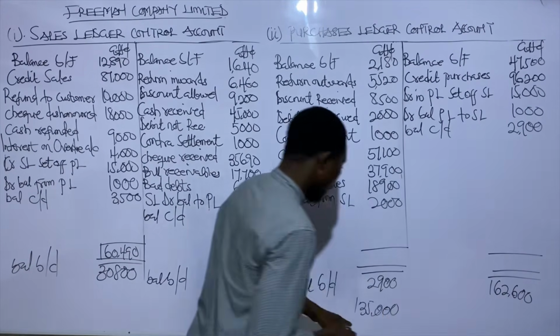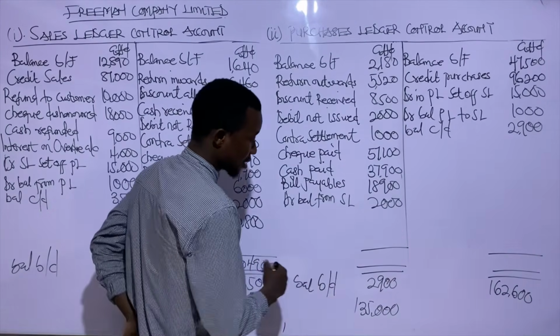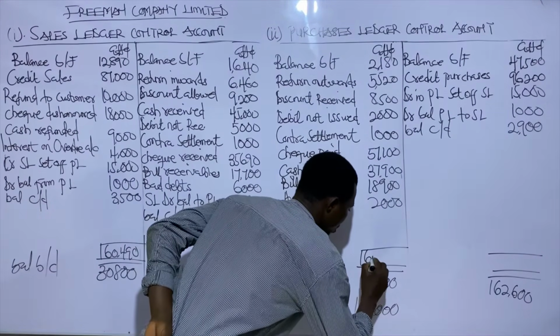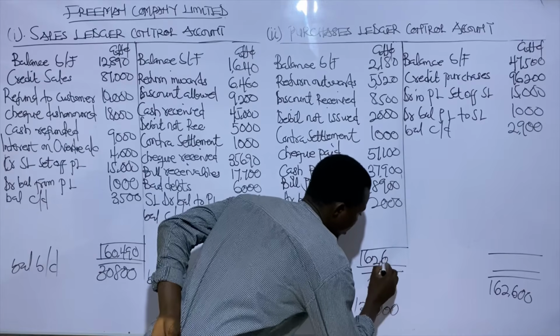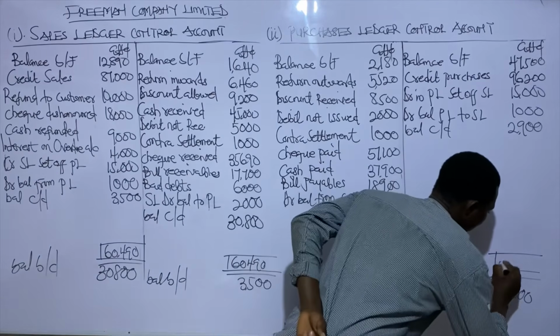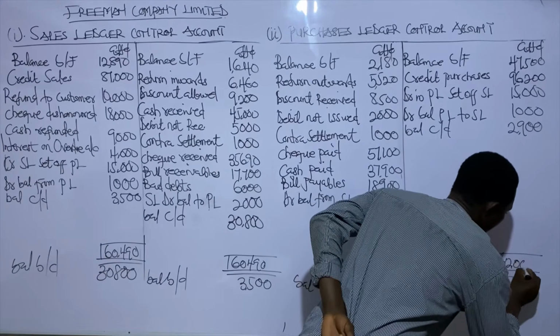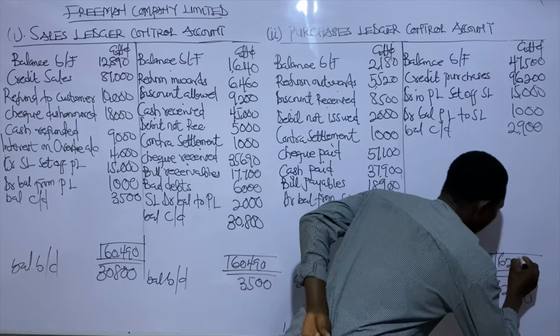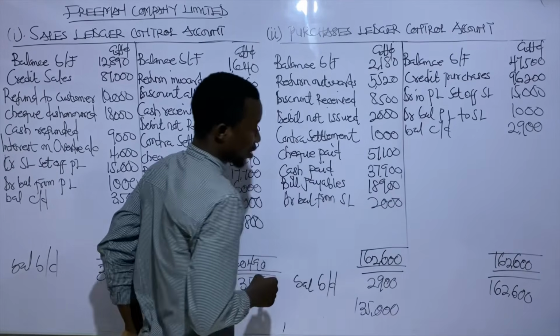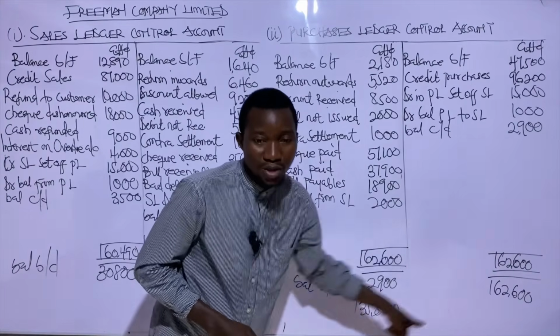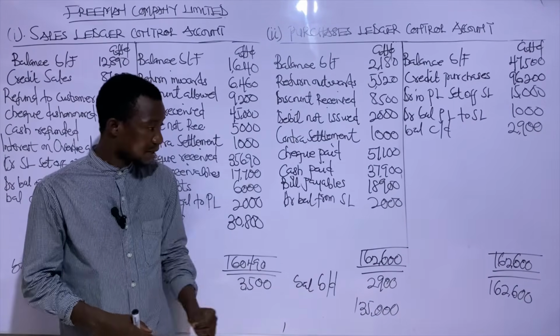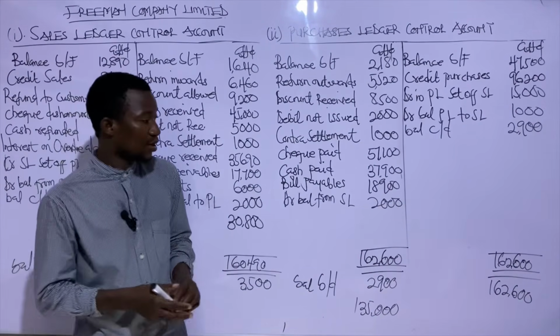Comparing these two, 162,600 is the larger one, so it will be the total on both sides. Then we find the difference between the two, and the difference over here is 27,600.